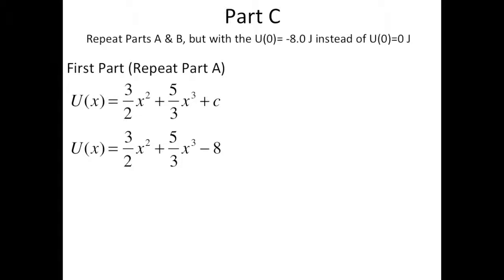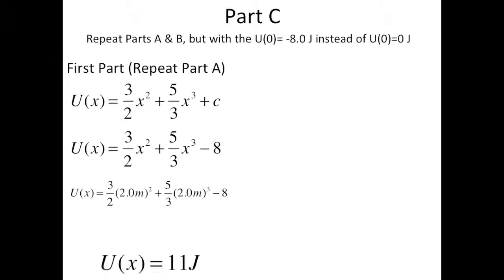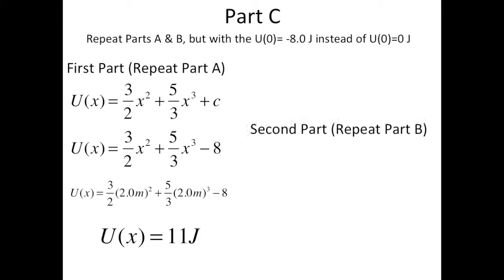So this is the resulting equation. Now we're going to plug in 2 meters into this equation to calculate what the potential energy will be, because we're looking for the potential energy at 2 meters. And we get an answer of 11 joules, which is exactly 8 less than 19 joules, which shows that our answer is correct.